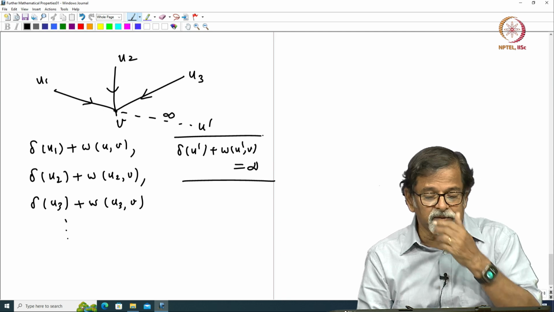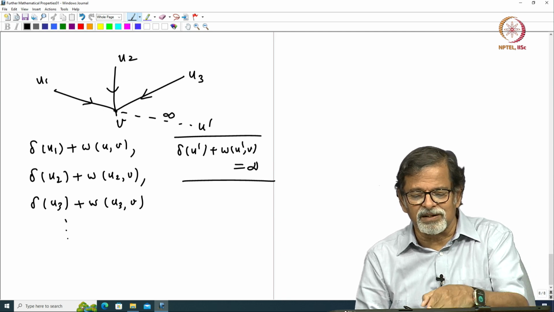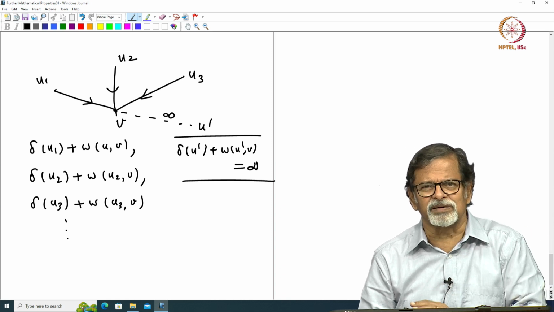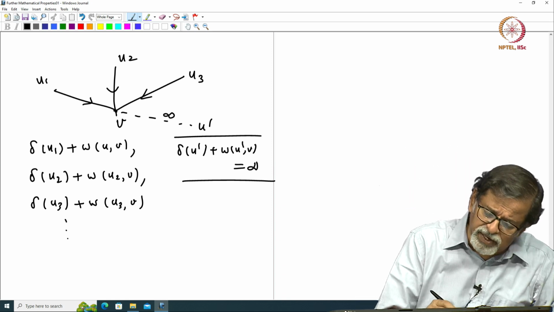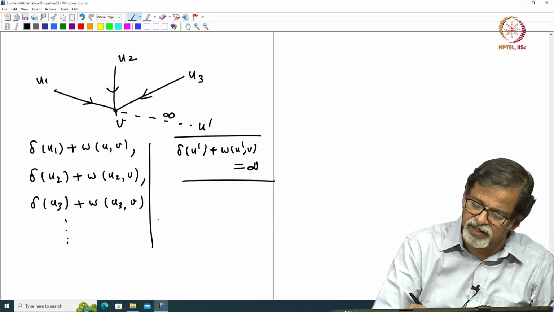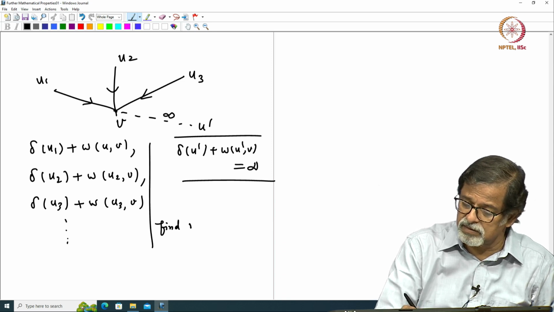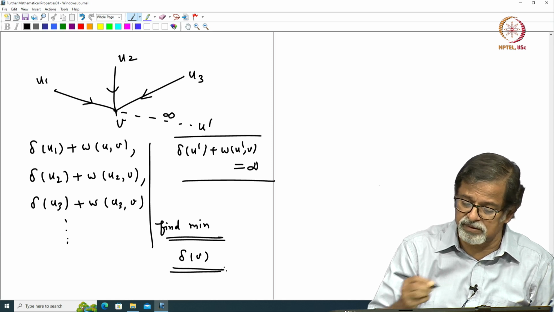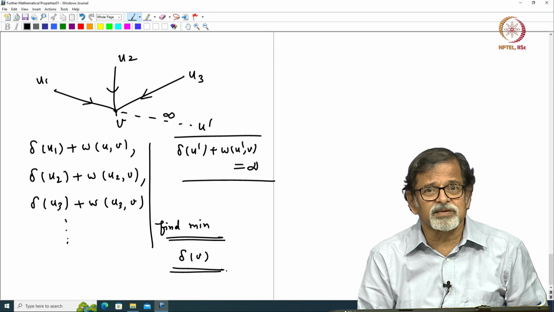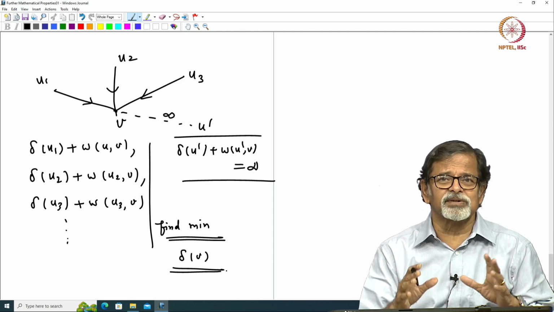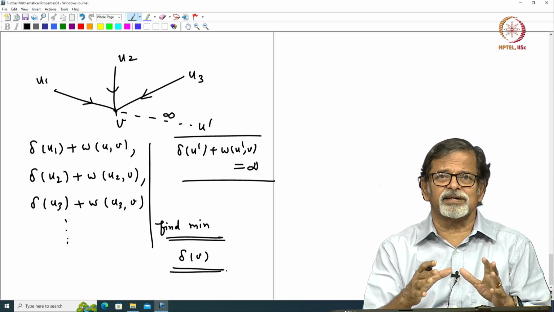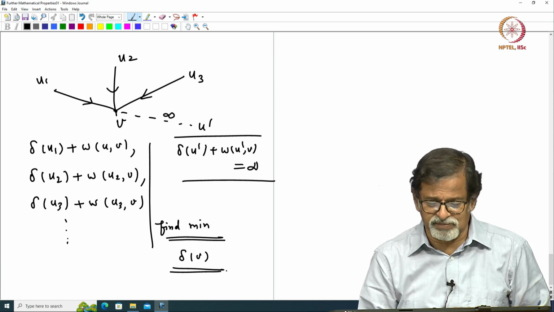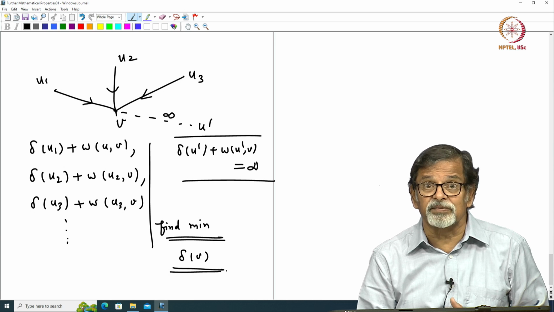So, if U dash is not adjacent, this quantity automatically becomes infinity and it will not affect the minimum. Anyway, compute these quantities and find the minimum, then we get delta V. Okay. So, a very compact and clean formula for the vertices in a graph, delta V.